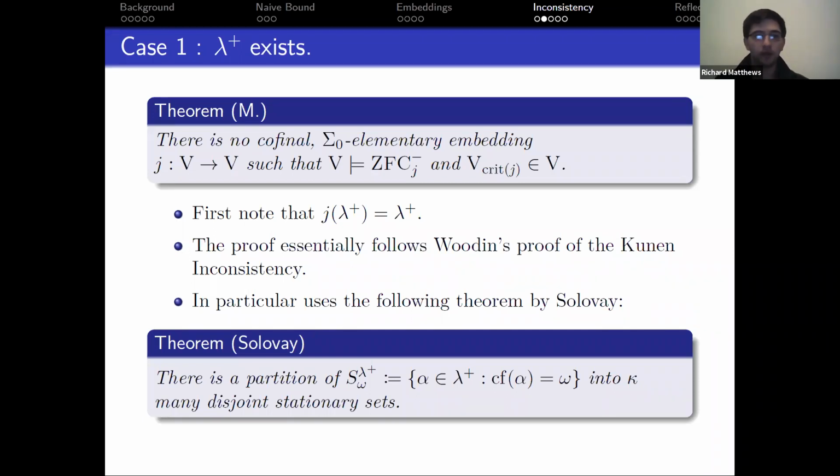But one of the important parts of this follows a proof by Solovay, which is that we can partition the ordinals of cofinality omega below lambda plus into kappa many disjoint stationary sets. And again, I won't prove this, but this proof follows precisely the same proof as in the standard ZFC case, using our trick of picking from a set collection of classes.